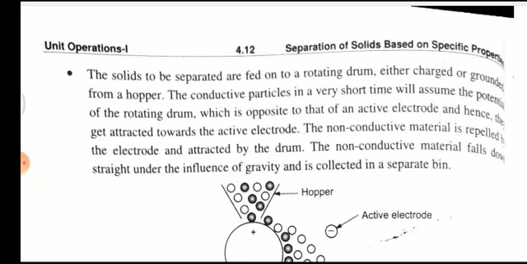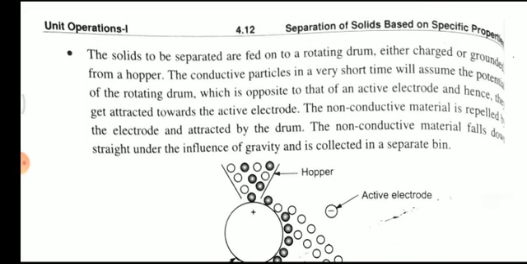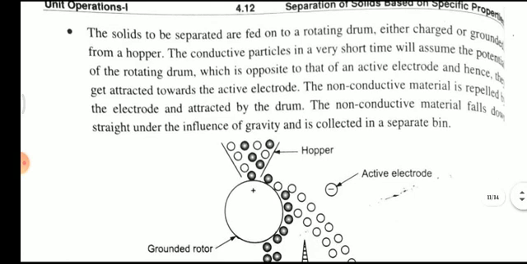The conductive particles in a very short time will assume the potential of the rotating drum, which is opposite to that of the active electrode, and hence they get attracted towards the active electrode.